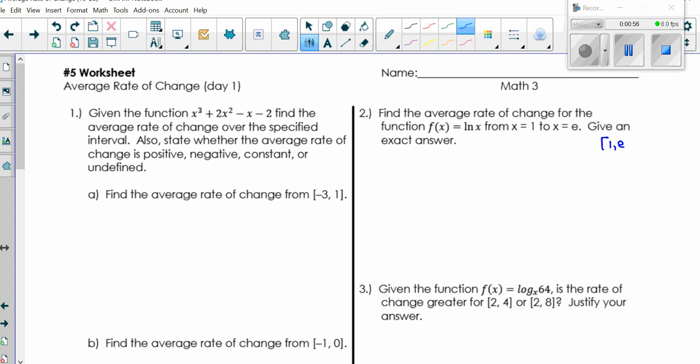So this, from x equals 1 to x equals e, could be written like this if it was interval notation. I want to find the coordinates so that I can find the average rate of change. So I'm going to say the natural log of 1, and the natural log of e. Remember, this is base e.